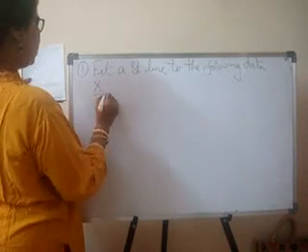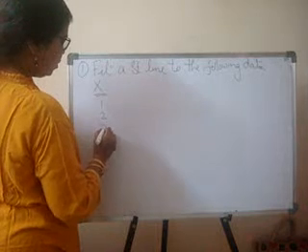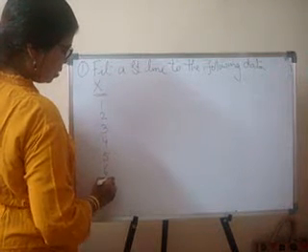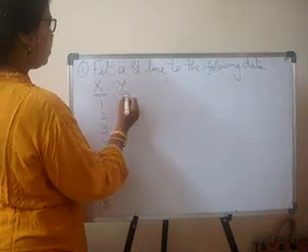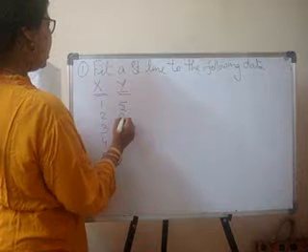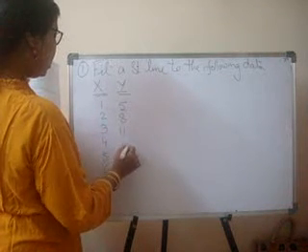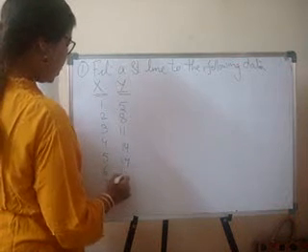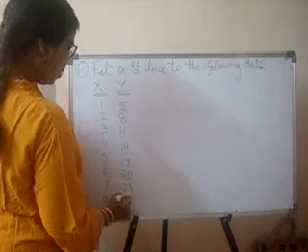X values: 1, 2, 3, 4, 5, 6, 7, 8, and Y values: 5, 8, 11, 14, 17, 20, 23, and 8.